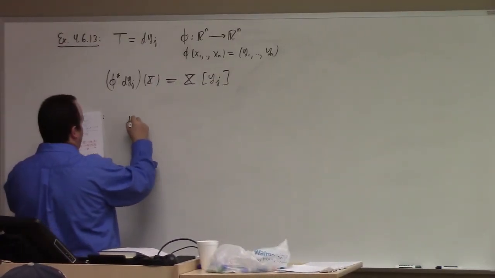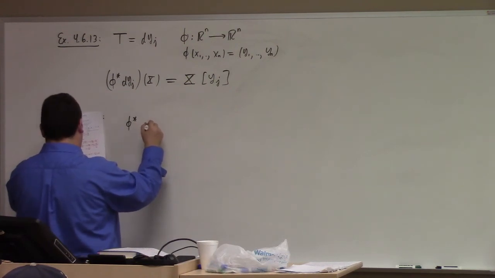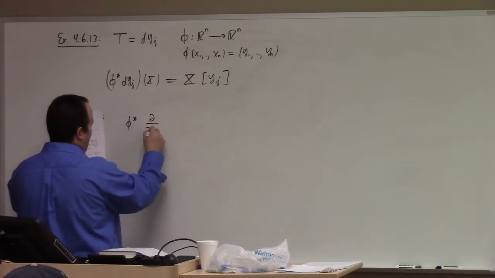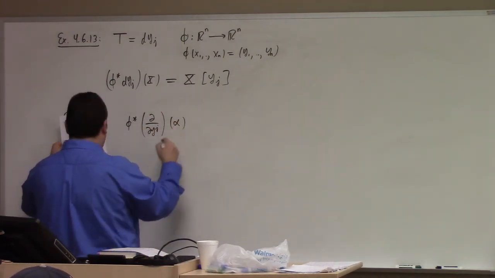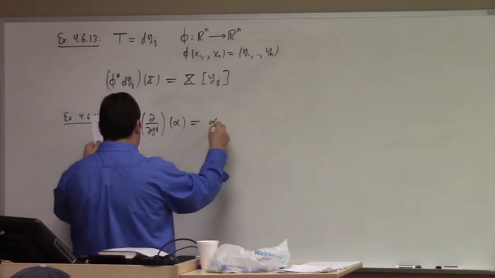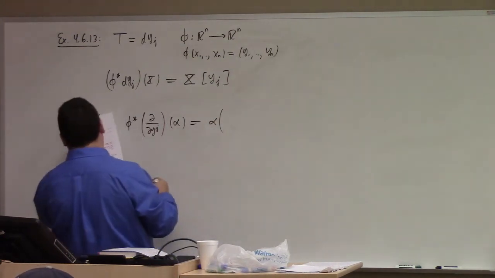Audrey, pull back of partial yj in this way of thinking. You're fine, Audrey. I'm just messing with you. Alpha is actually equal to alpha of the... how do I even write this?